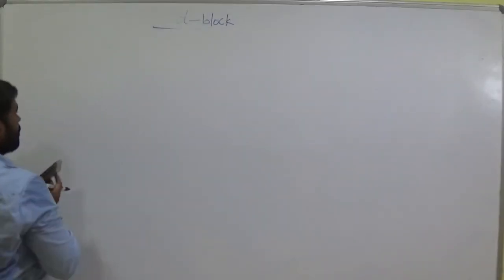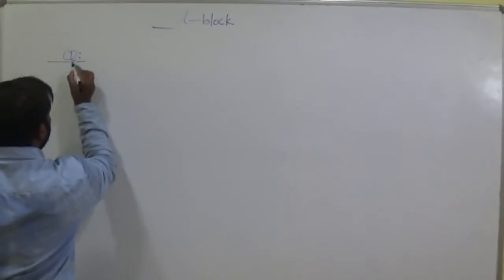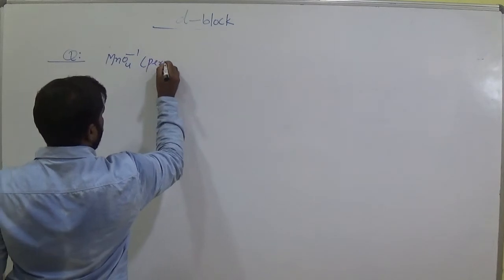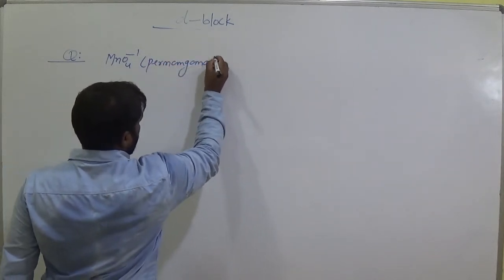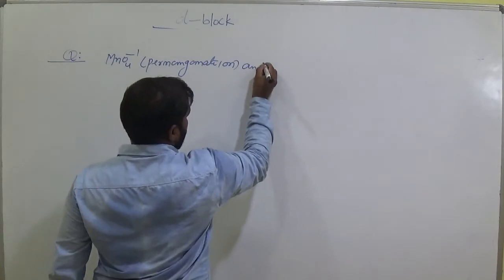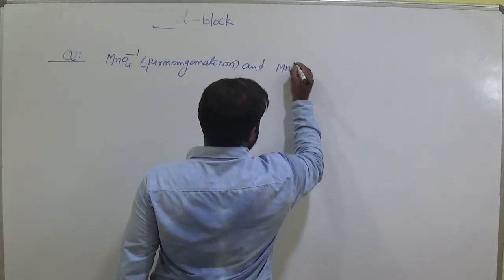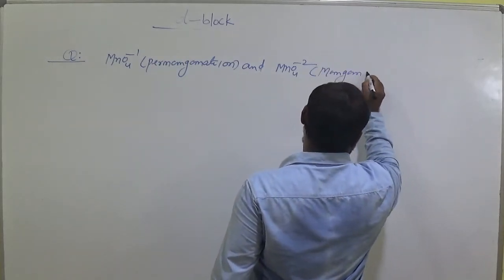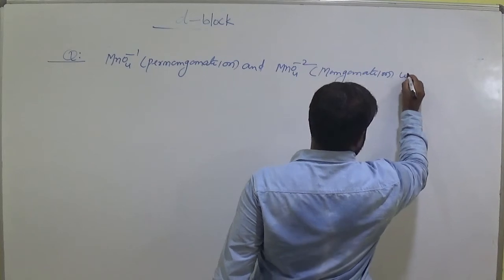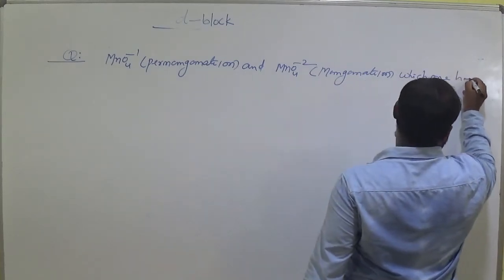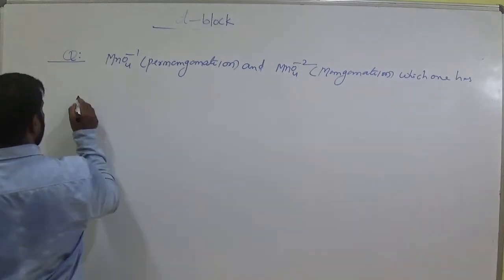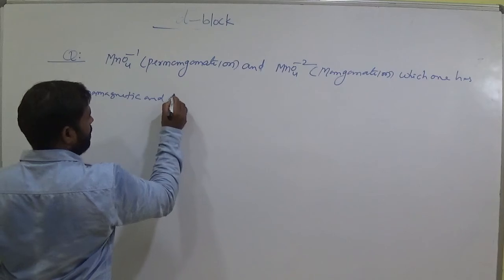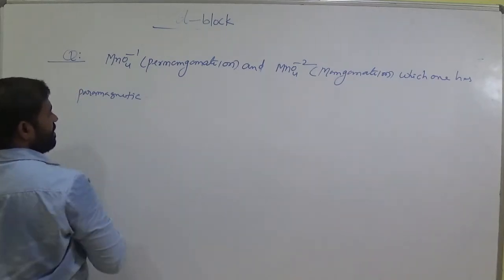And right now, write one more question. MnO4 minus, that is the permanganate ion, and MnO4 2 minus, that is the manganate ion: which one is paramagnetic and which one is diamagnetic?